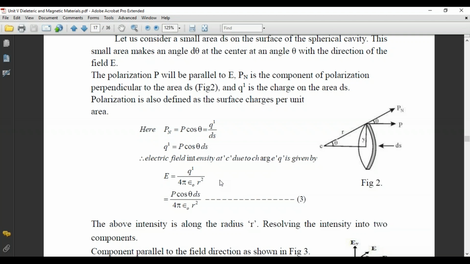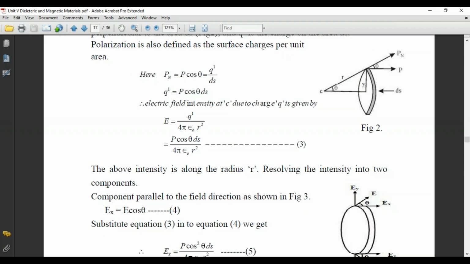Once you know the charge on the elemental spherical area, you can find the electric field intensity at the center C due to charge Q dash, given by Q dash by 4 pi epsilon naught r square, which equals P cos theta ds by 4 pi epsilon naught r square.